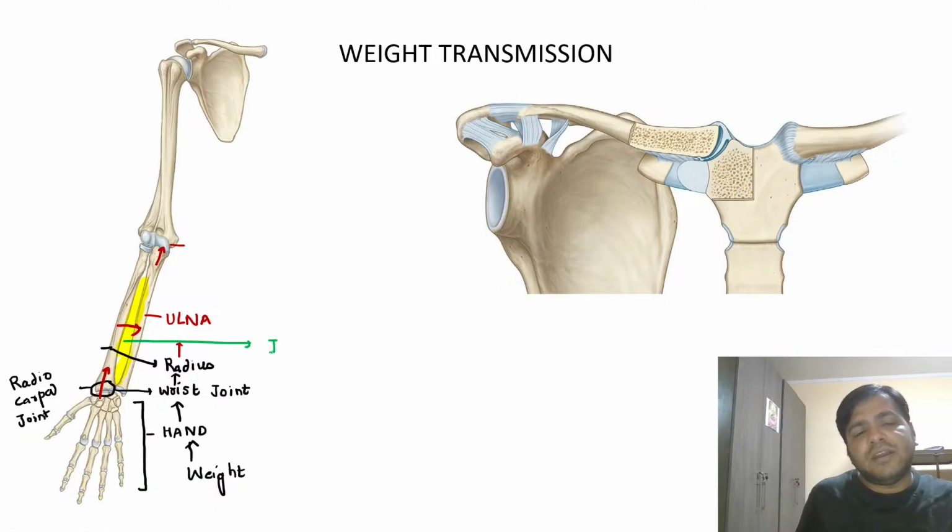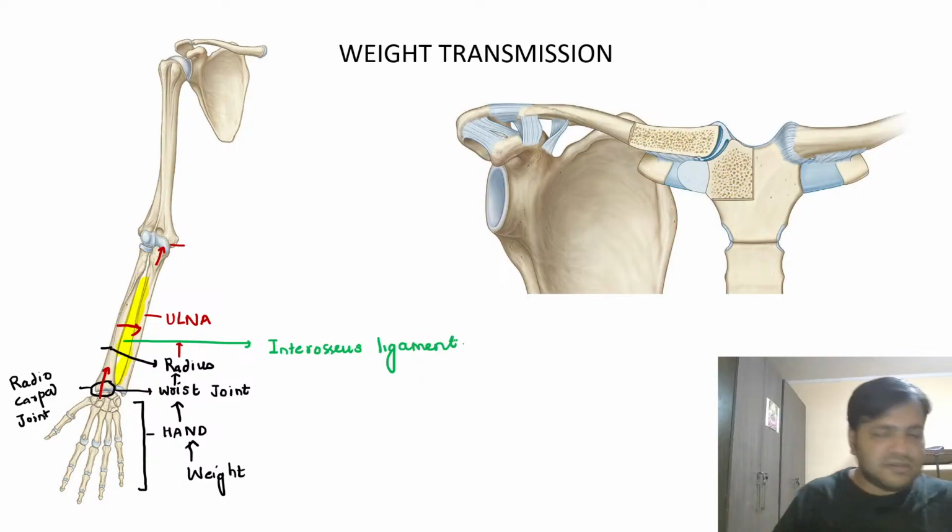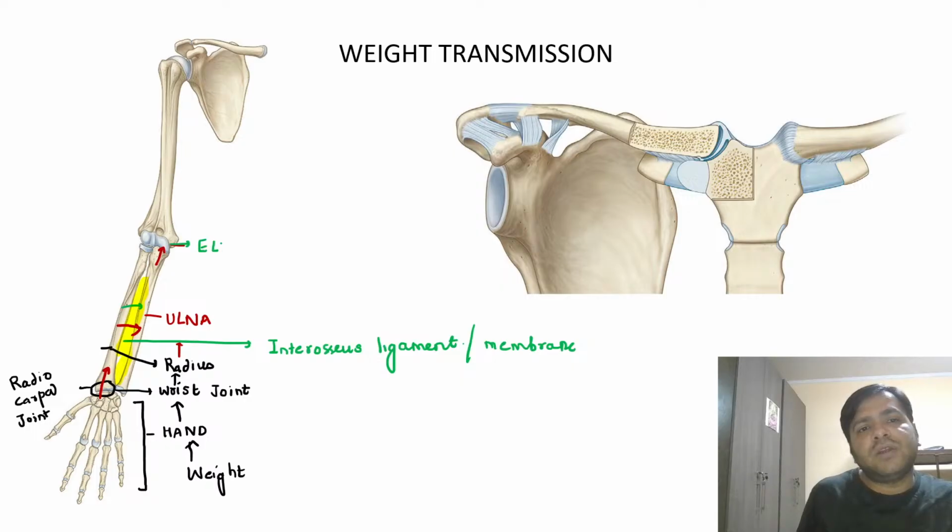It is called the interosseous ligament or interosseous membrane, and from the radius, the weight will go to ulna via the interosseous ligament, right?